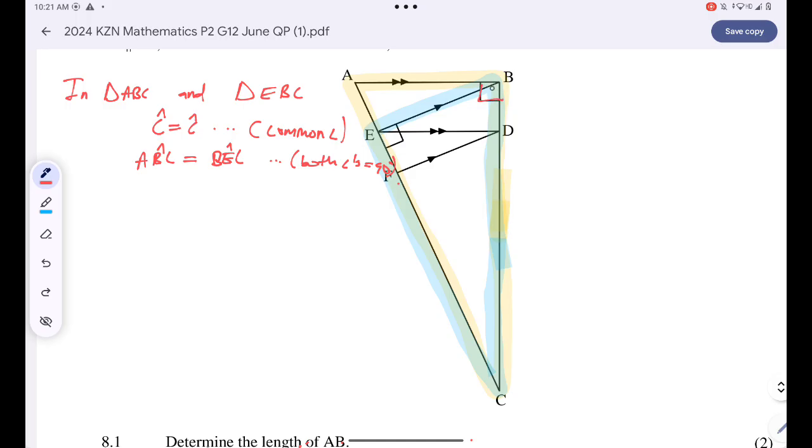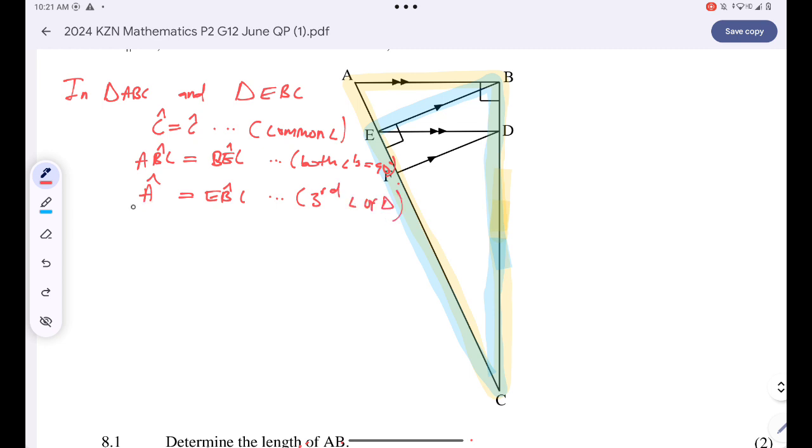That means the angle over there is 90, and that angle over there is also 90. So that means angle A will simply be equal to angle EBC. And that's just the third angle of a triangle.